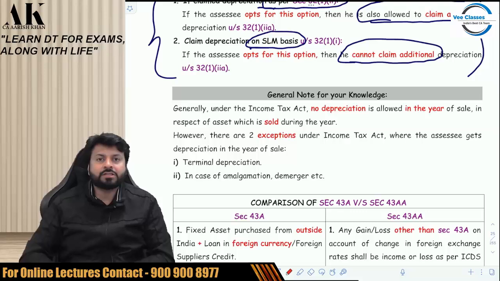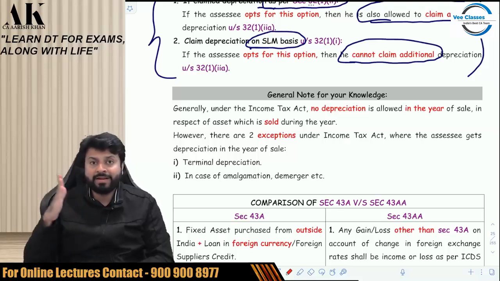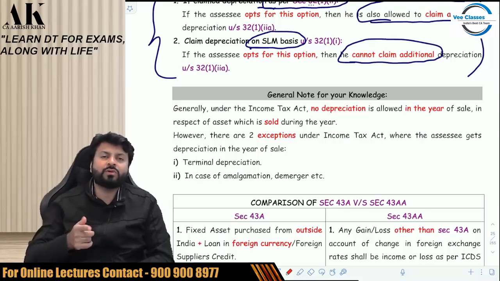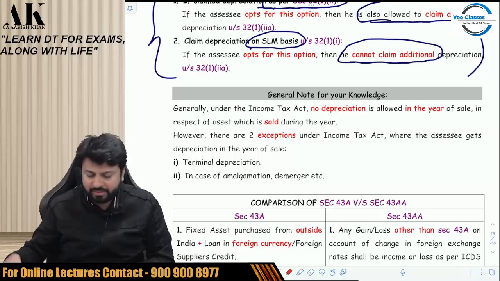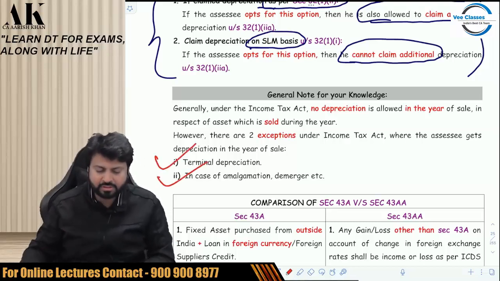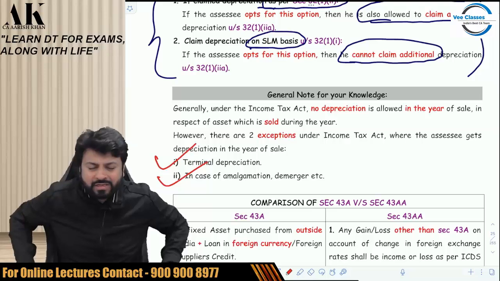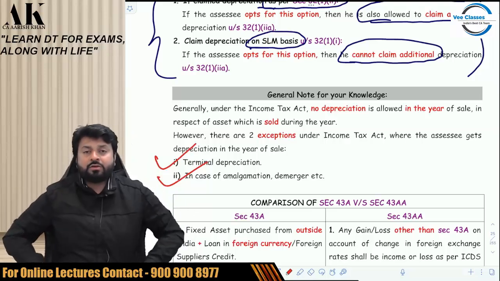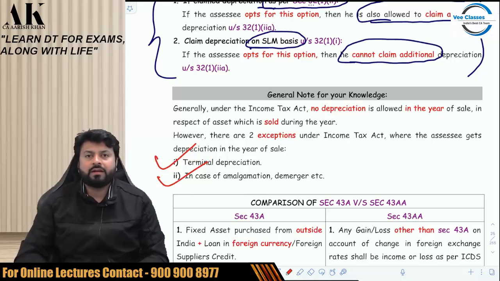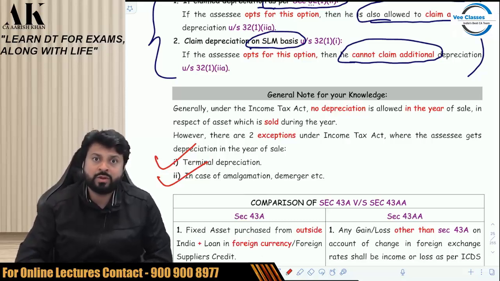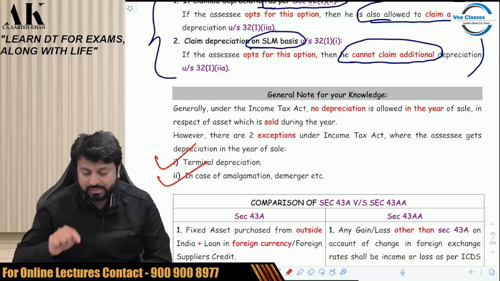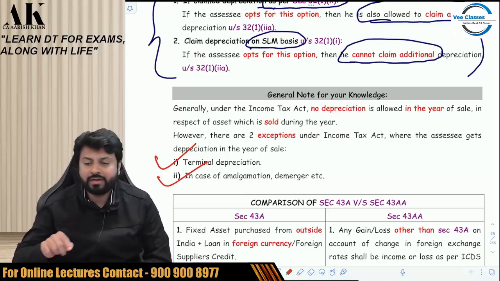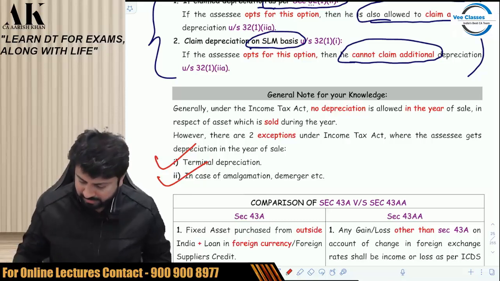In case of amalgamation, in the year of sale, the amalgamating company which is selling the assets to the amalgamated company is getting the depreciation. These are the two exceptions. Not relevant for exams, but as knowledge, you should know that there are two exceptions where you get depreciation in the year of sale as well. Okay. I hope it is clear to all of you.